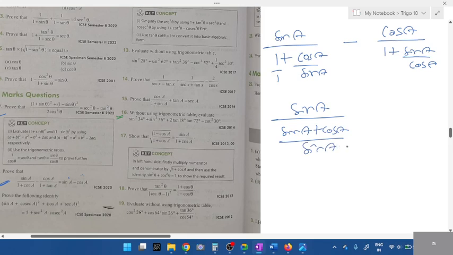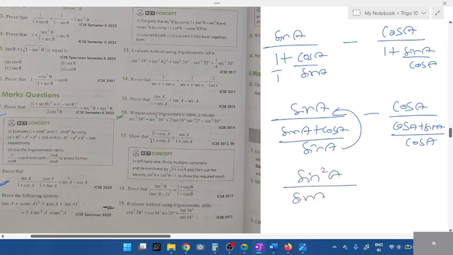What happens to sin A? In the same way, this one. Yes, sin square A divided by, and here cos A plus sin A.